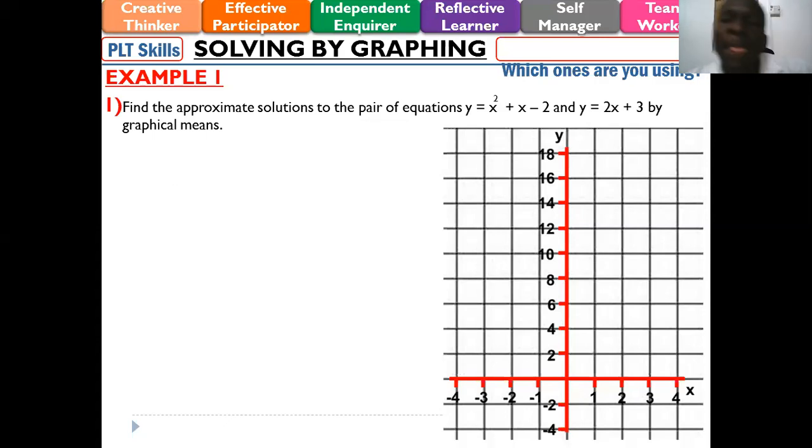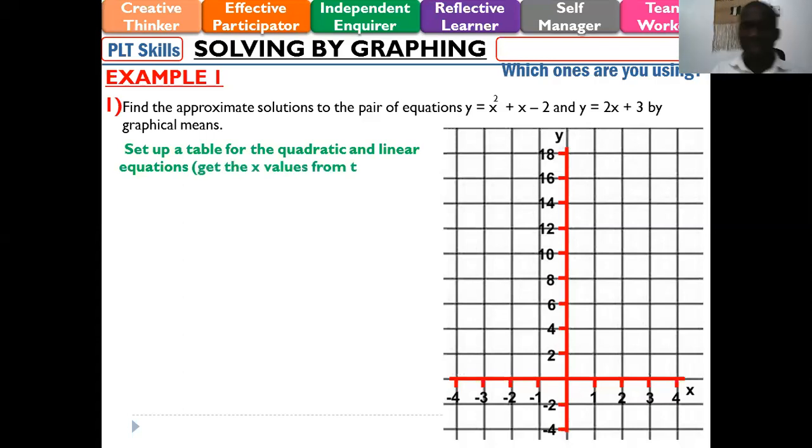All right. Now, consider this. For you to have it in a graph, you have to set up a table. The table will be for your quadratic equation as well as for the linear equation.